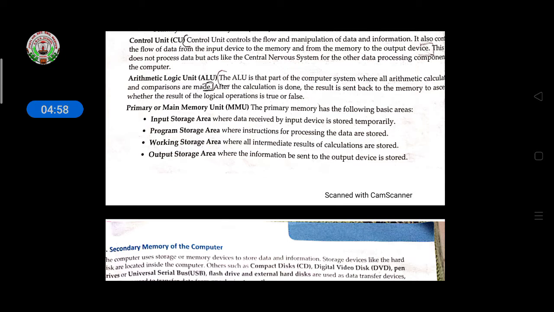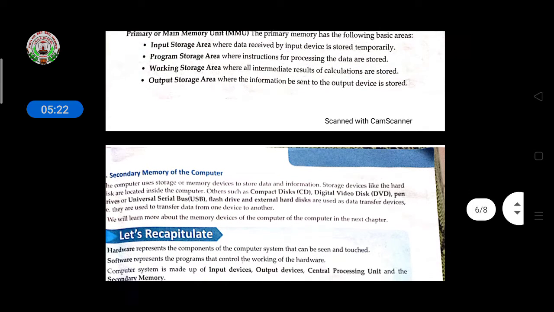And the output storage area, where the information to be sent to the output is stored.